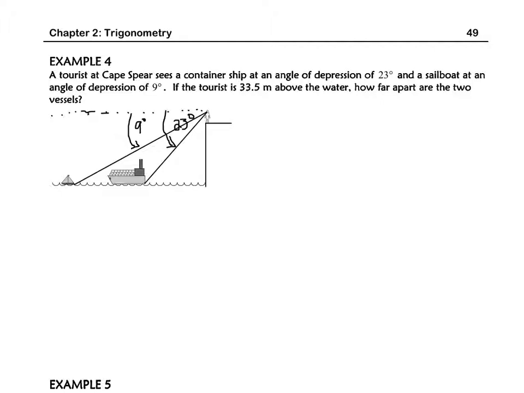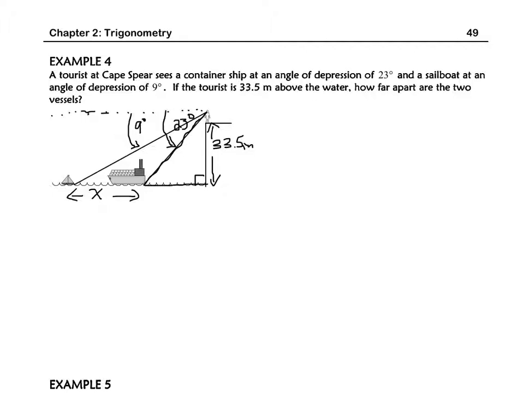And then it says the tourist is 33.5, so we'll put 33.5 meters above the water. So that would be this distance from here to here. It says how far apart are the two vessels, so we're looking for this again. So again, we have a smaller right triangle from here to here to the container ship back here.